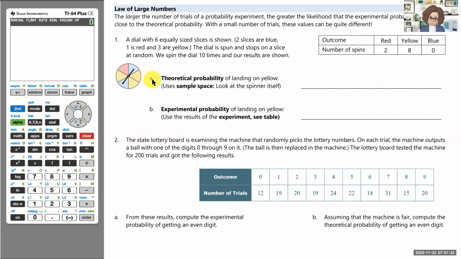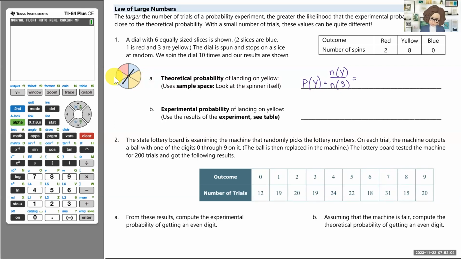So we're going to start with the theoretical probability of landing on yellow. So continuing our theoretical probability, we look at our sample space. So we're going to look at our spinner, not the experiment, look at our spinner and see what the probability of yellow will be. And I'll just do Y for yellow. So again, theoretical probability counts the number of outcomes that are yellow over the number of possible outcomes in our sample space.